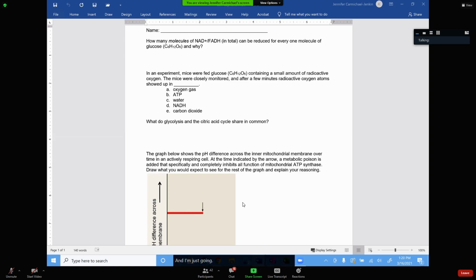And I'm just going to stop sharing for a moment so that I can set things up for photosynthesis, and then I'll reshare it.